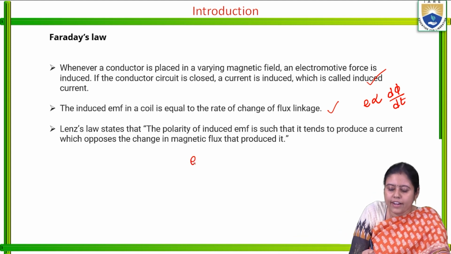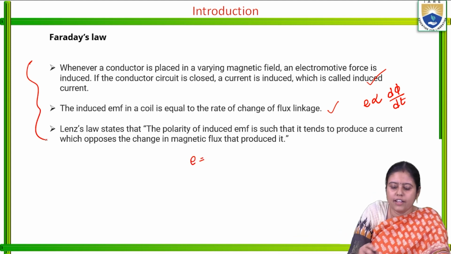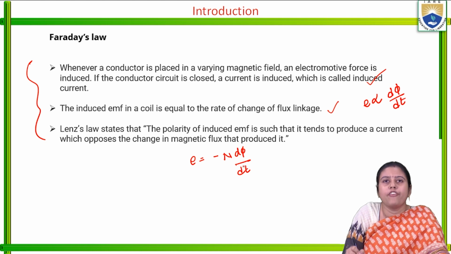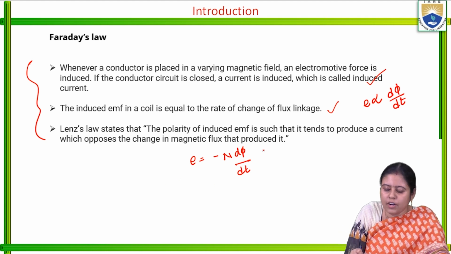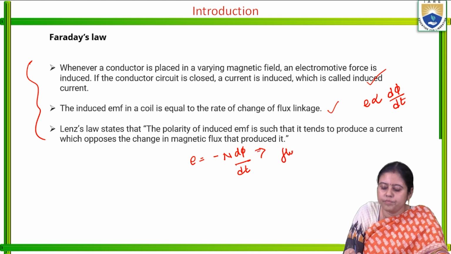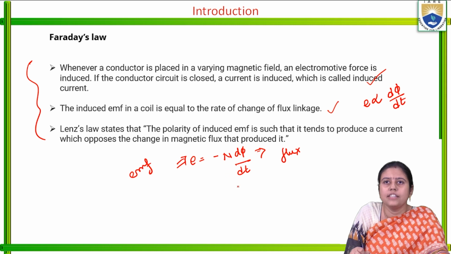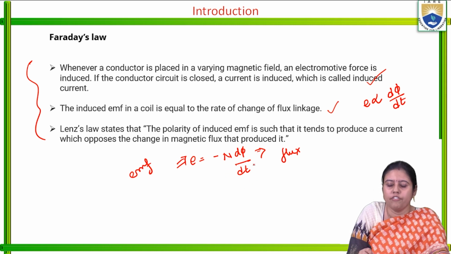So we can write the equation as E is equal to minus n d phi by dt, where phi is the flux, E is the EMF, electromotive force, and dt is the time over which the flux changes.